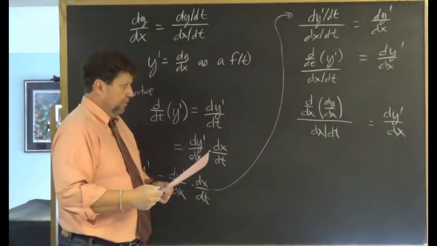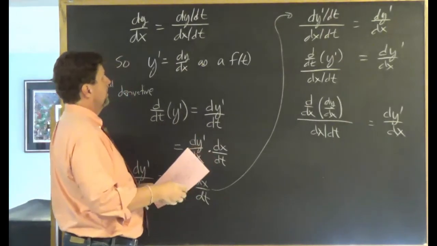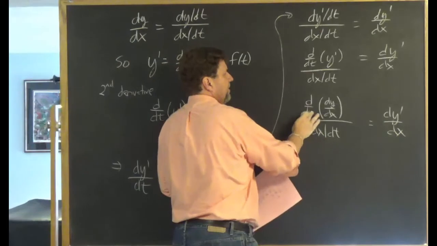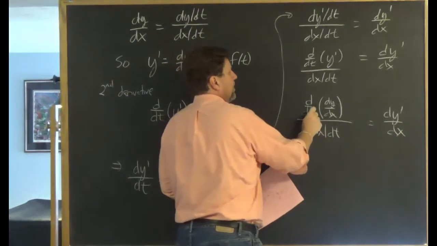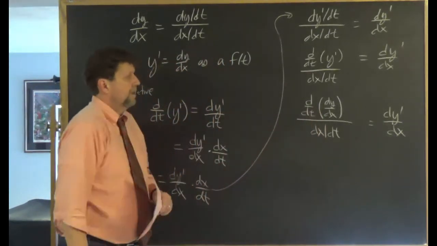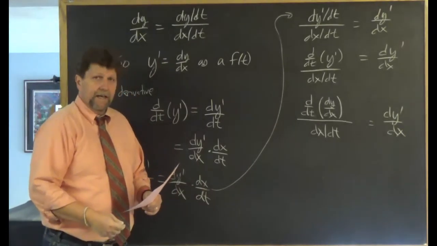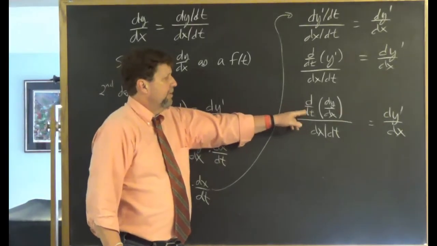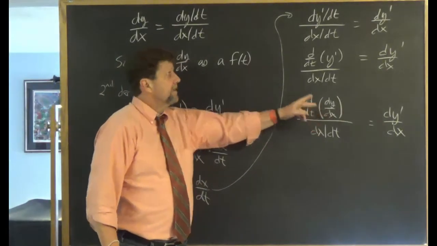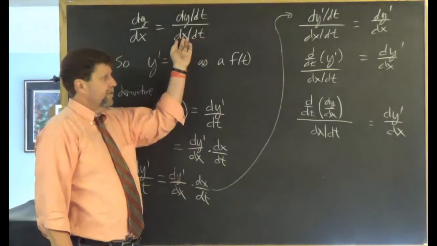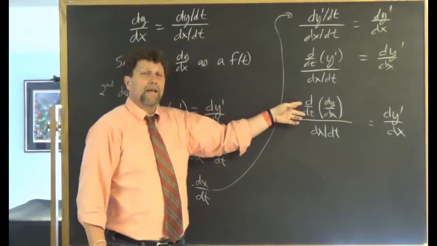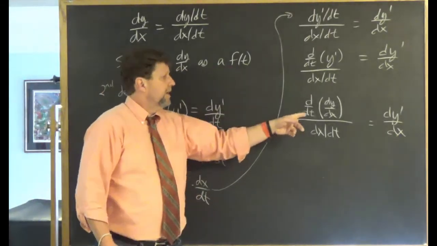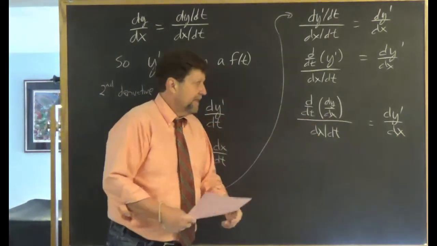So let's look at what that really says. Oh, wait. I have a typo. That's d dt. Sorry, you saw my typo at the board. This is really saying you differentiate with respect to t, dy dx, the first derivative. You differentiate it with respect to t, because that's all you can do. It's going to be a function of t. And you divide that by dx dt.